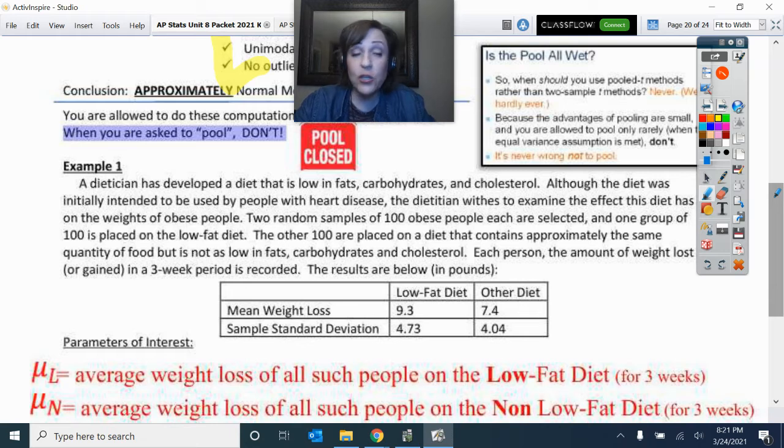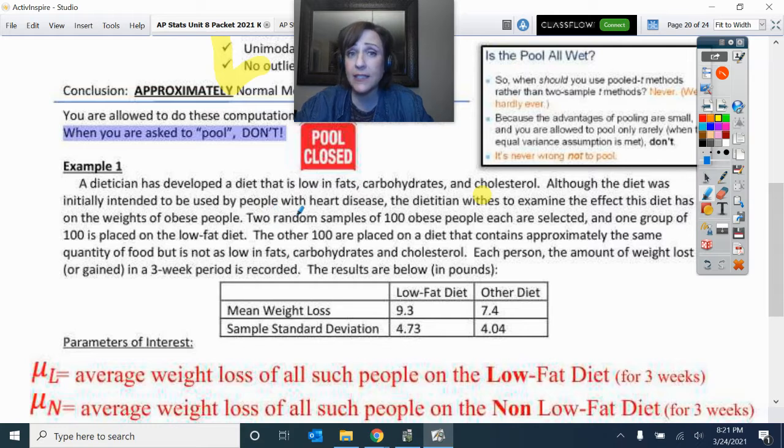We have a dietitian who developed a diet that's low in fats, carbohydrates, and cholesterol. Although the diet was initially intended to be used by people with heart disease, the dietitian wishes to examine the effect this diet has on the weights of obese people, so not just heart disease.